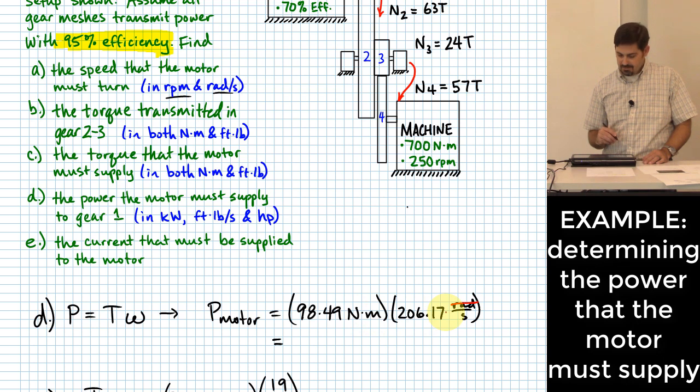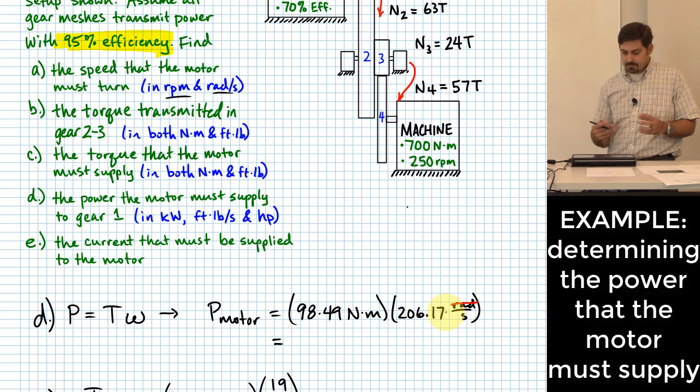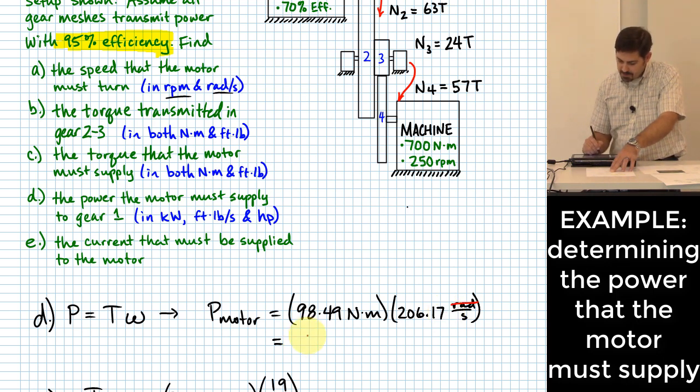What's that? Okay. Watts, right? It's not, Newton meters would be joules. Then we have that per second, so that would be in watts. Okay. And when we plug this in, it ends up being, you know, I'm actually going to convert this over to kilowatts here, right? So it'll be 20.306 kilowatts.